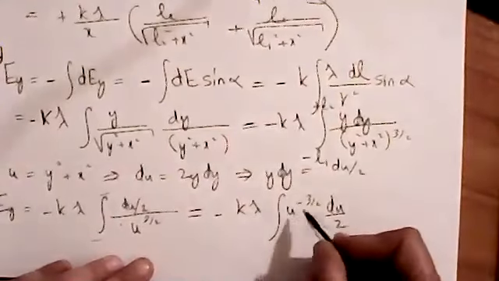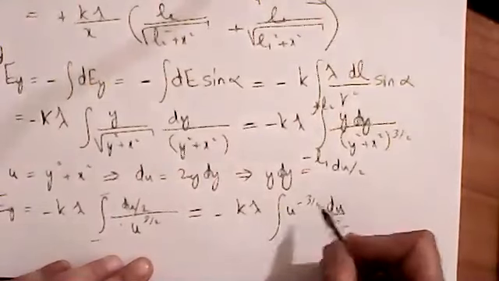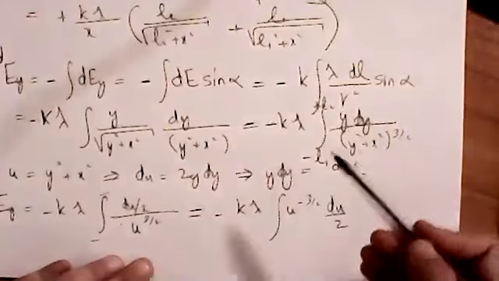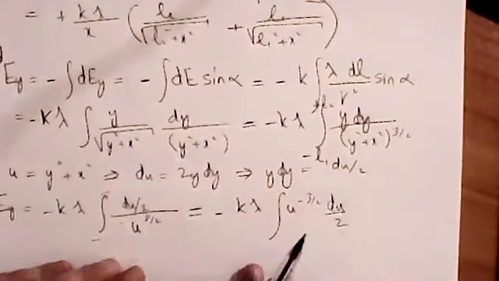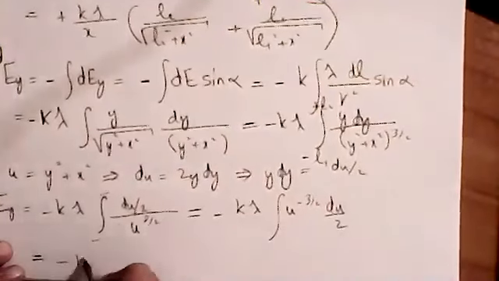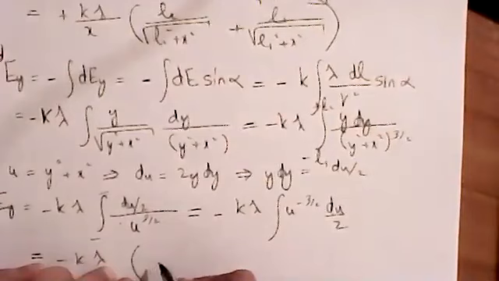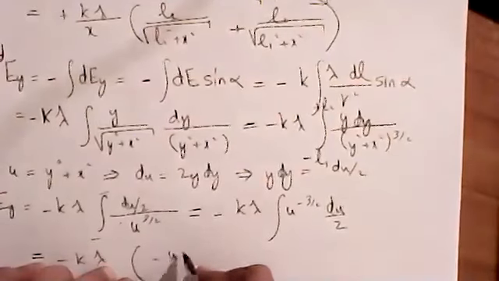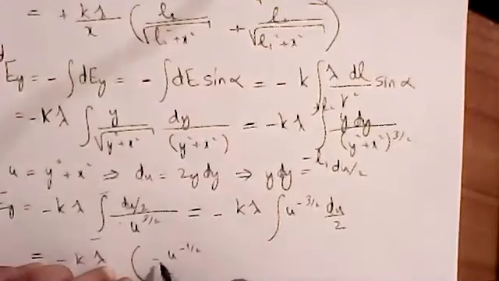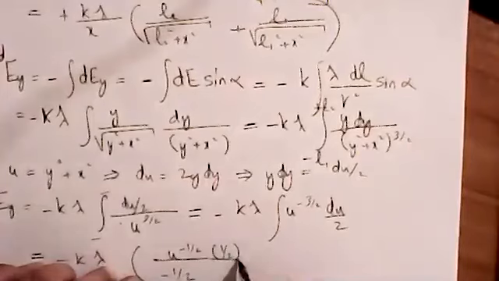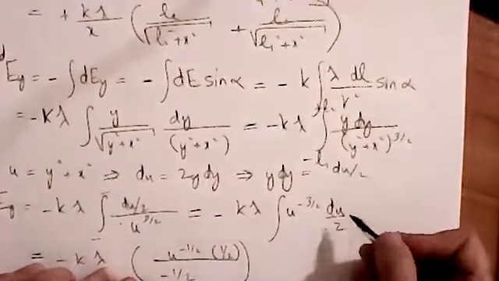So u to power minus 3 over 2, its integral with respect to du is u to power minus half over minus half, and I have the half from here. So this is equal to minus k lambda; the answer for this is minus u to power minus half over minus half, and don't forget I have the 1 over 2. Where does the 1 over 2 come from? From du over 2. I chose it here because I want to cancel it with this one.